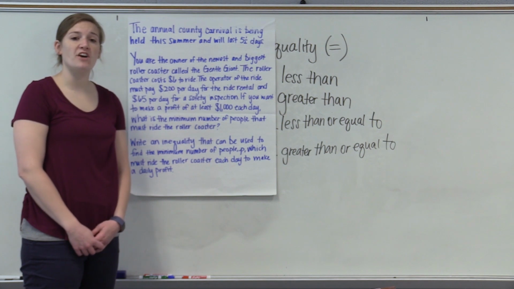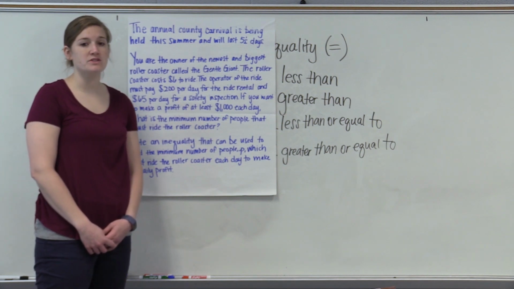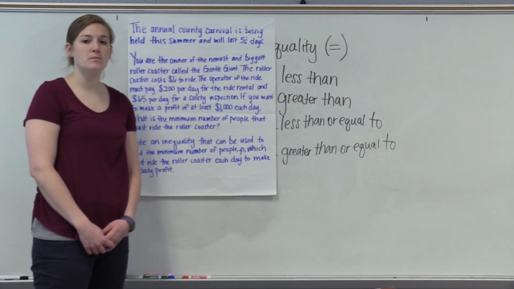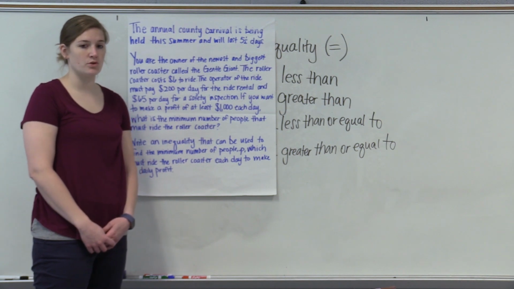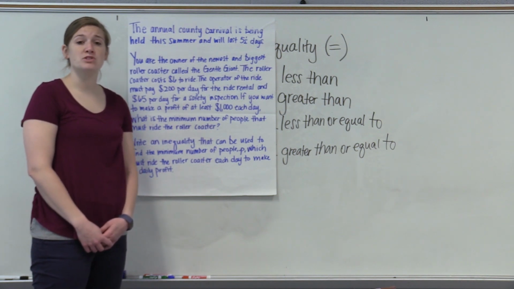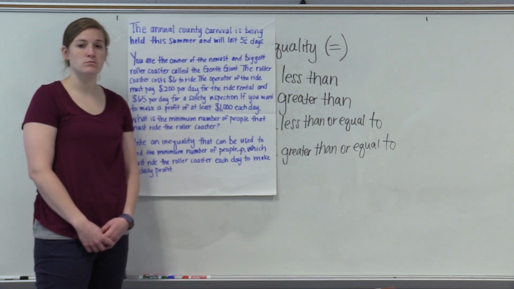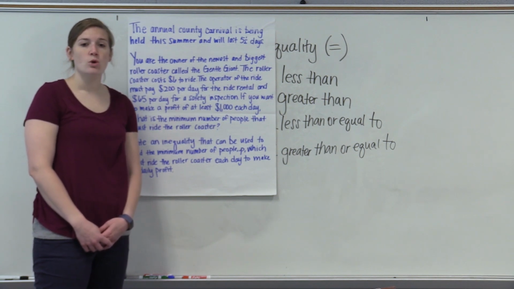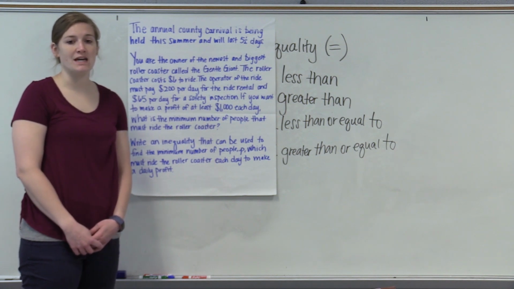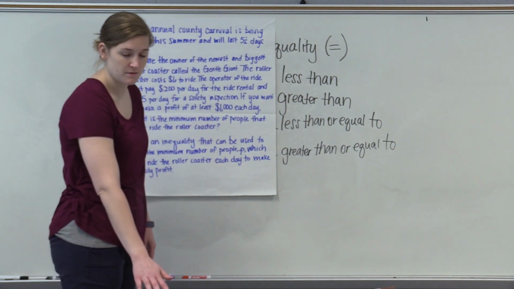If you want to make a profit of at least $1,000 each day, what is the minimum number of people that must ride the roller coaster? Your job is to write an inequality that can be used to find the minimum number of people, which we'll represent with P, which must ride the roller coaster each day to make a daily profit.